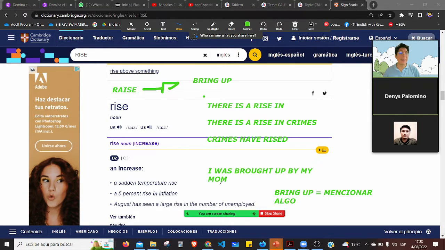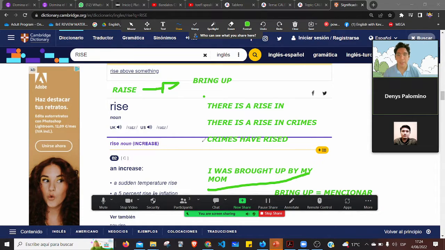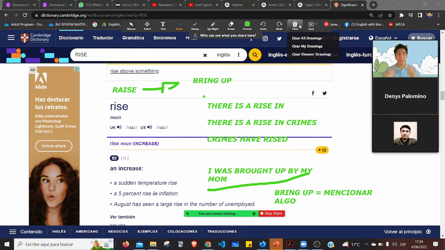No, because this is the passive. I was brought up by my mom, meaning I was raised by my mom. Or my mom brought me up. Yes? That's good. Let's continue here. Are you copying, right?